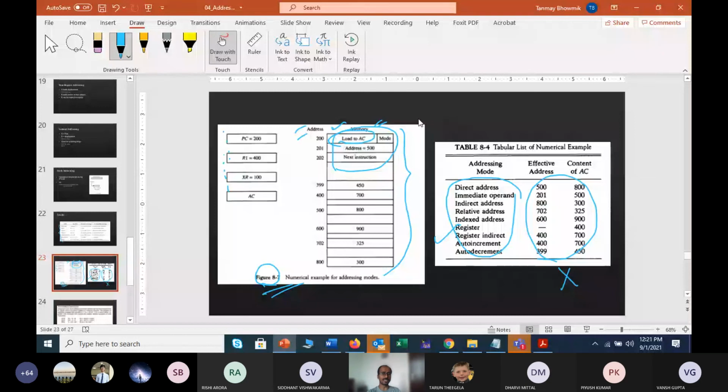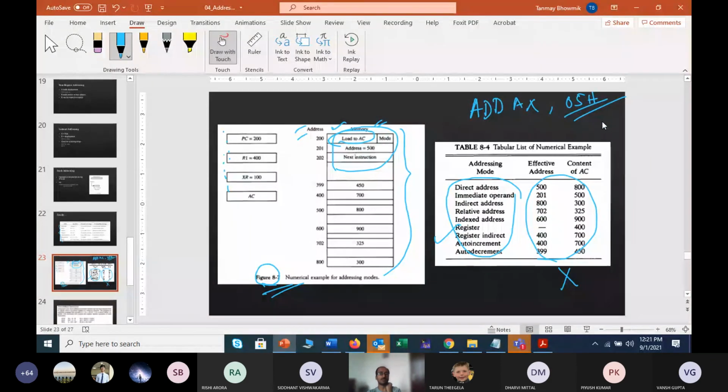Why is the mode there? Because if you don't specify the mode, you will not be able to know whether you should take it as immediate mode or direct mode. For example, if I write add AX, 05H, this can be an operand or this can be a location.